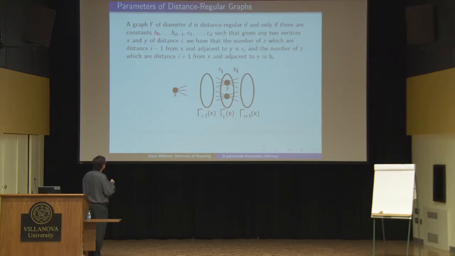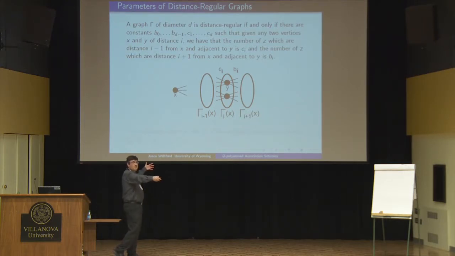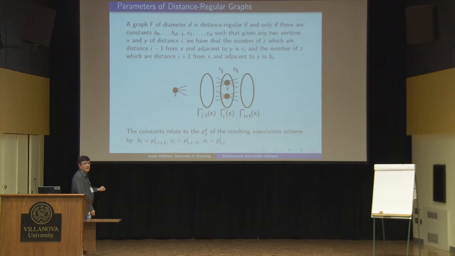So we have these parameters b0 up to c_d that basically are telling you if I have 2 vertices of distance i, how many neighbors of this vertex are distance i minus 1 from this, or how many are distance i plus 1 from this. So those are going to be the same given any pair of vertices at distance i. So these are just particular p_ij^k, and every p_ij^k can be derived from it, and all the parameters you need, including Krein parameters, all follow from this.